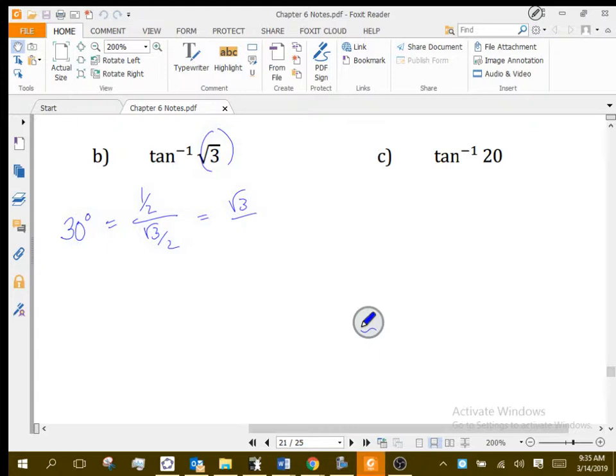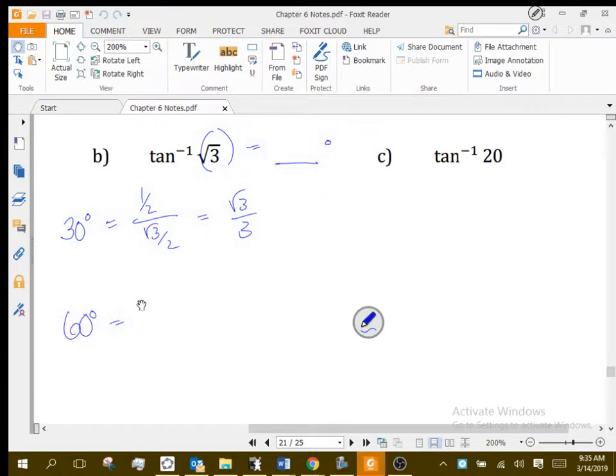So that gives me root 3 over 3. So this is the number that is showing up in this argument here, right? Are those the same? No. Okay? So the angle that I produce here is not 30 degrees.